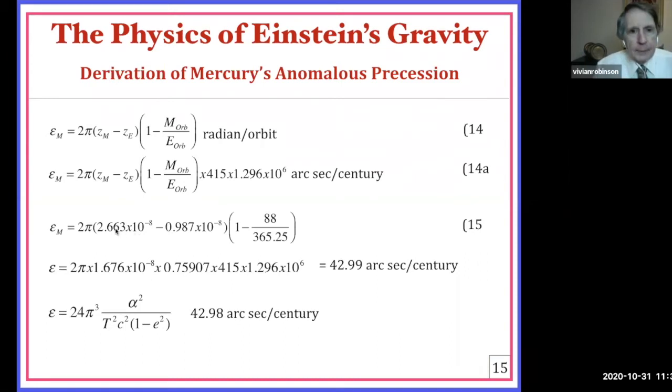And that can be expressed in this equation here. So when the right keys on the calculator are pressed in the right order, you'll get an answer of 42.99 arc seconds per century. That should be compared to Einstein's derivation at the bottom, which the experts tell us gives us 42.98 arc seconds per century.